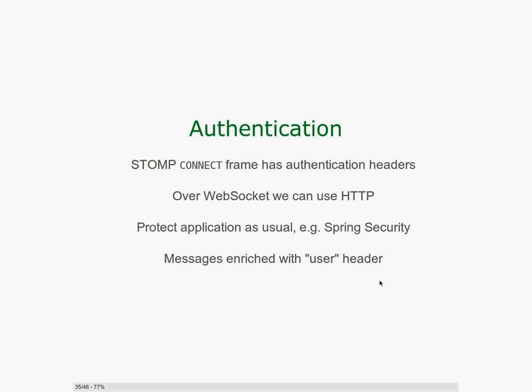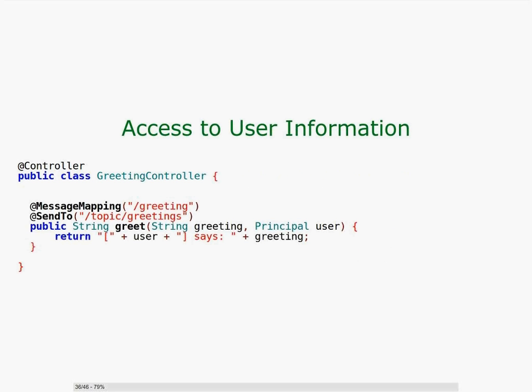And then all the STOMP messages that flow through are going to be enriched with a user header by Spring, which means that you now know exactly who these messages are from, and you can respond accordingly within the application. So one very common thing to do is to access the user information, as you can see in this example. And then you can really do something more meaningful based on that.